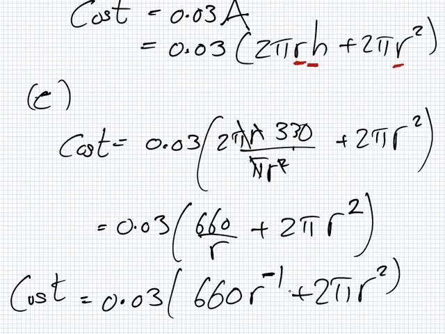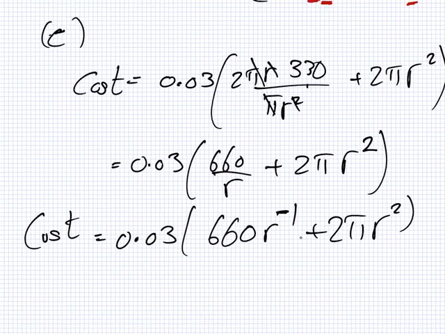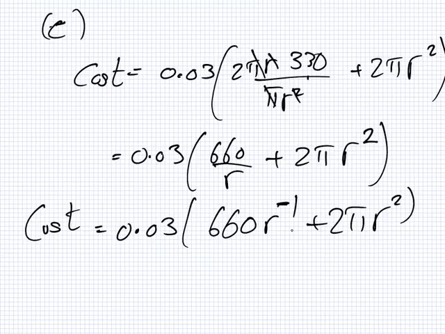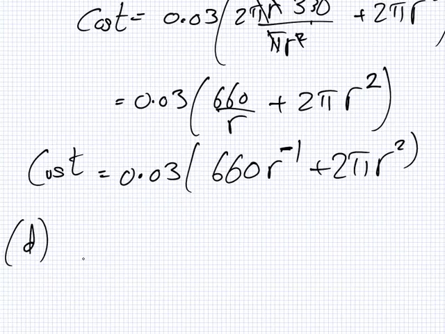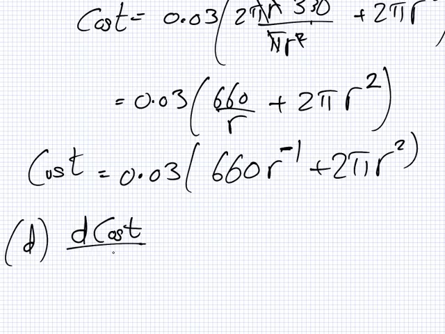Now, part D is what is the value of r that would minimize the cost. So I want to make the cost minimum. So what could I do to find that? The derivative here. Now it's not dy dx, what will it be here? The cost with respect to r. So this will be 0.03.